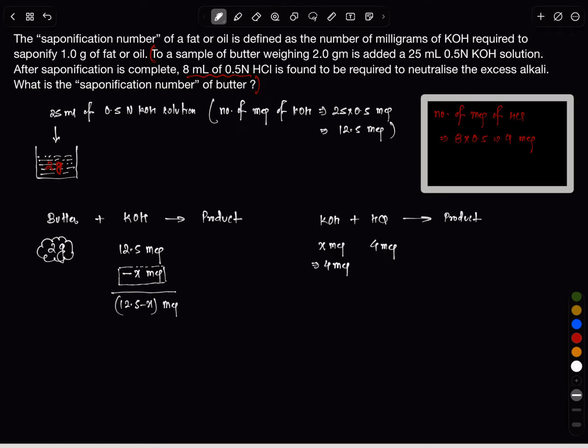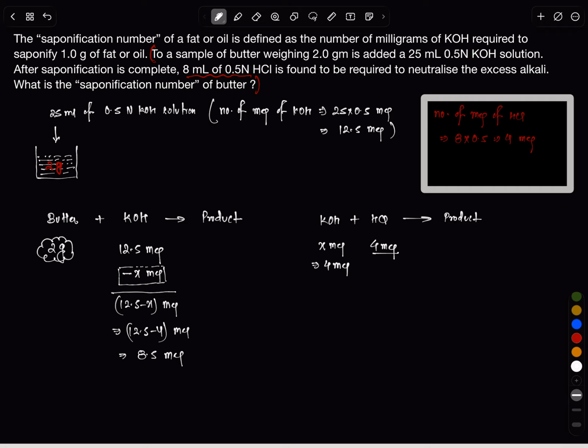Now this 4 milliequivalents was neutralized by this 4 milliequivalents of HCl. So here the KOH which reacted with the butter is basically 12.5 minus 4 milliequivalents, which is nothing but 8.5 milliequivalents.